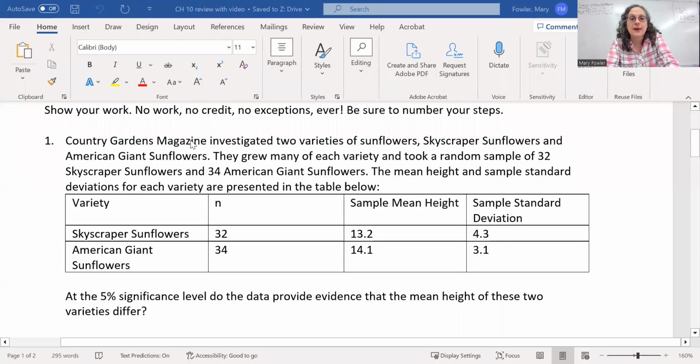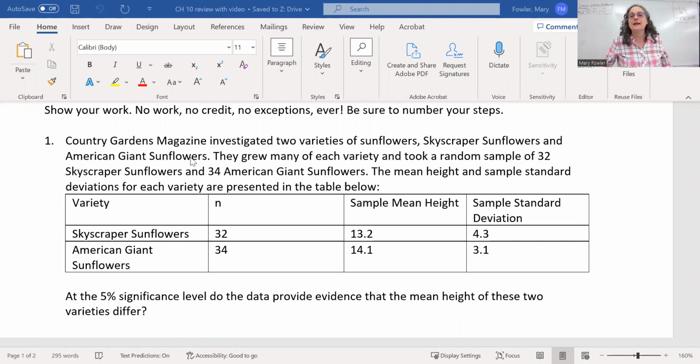Okay, in this problem, it says Country Gardens magazine investigated two varieties of sunflowers, skyscraper sunflowers and American giant sunflowers. They grew many of each of the varieties, and they took a random sample of 32 skyscraper and 34 American giant.